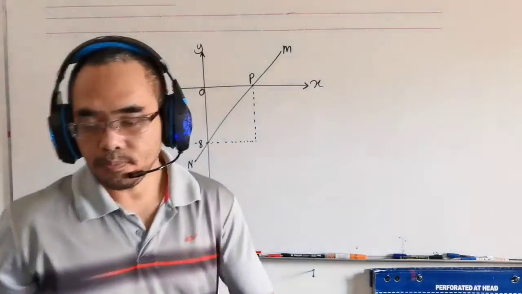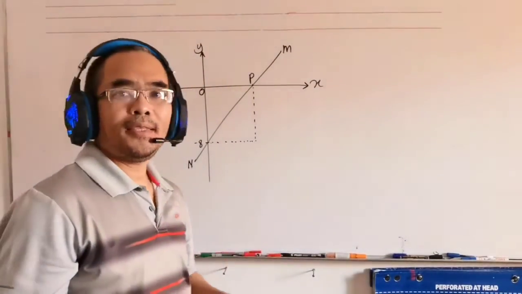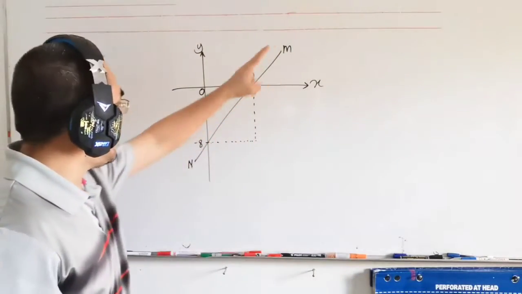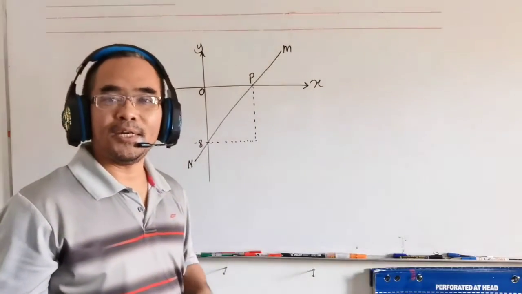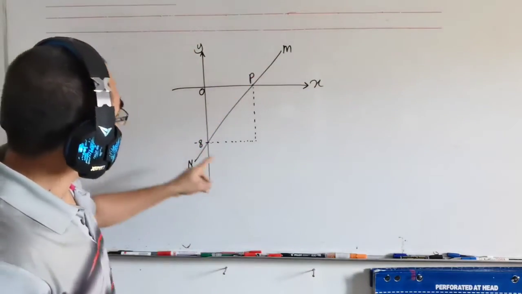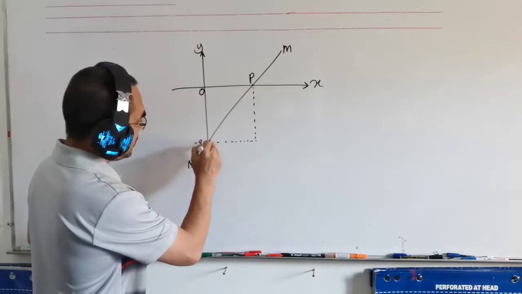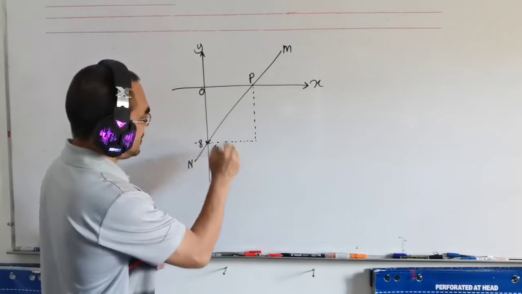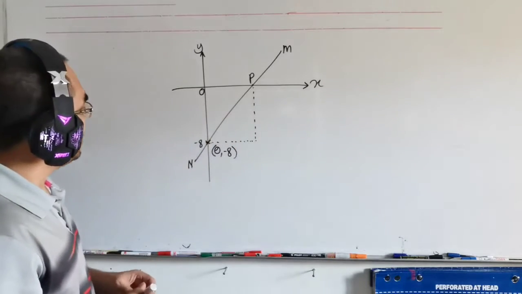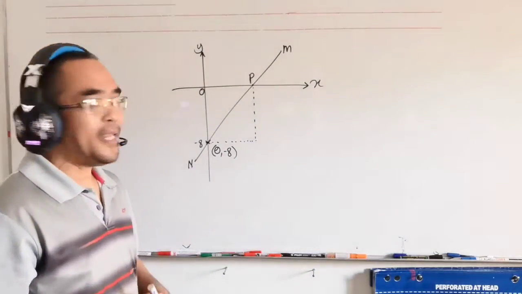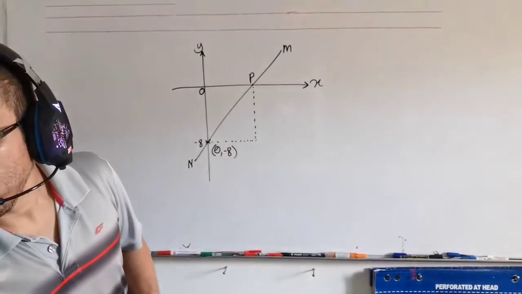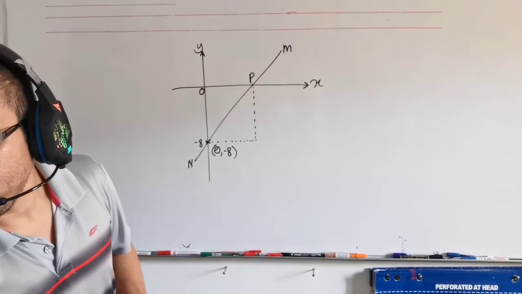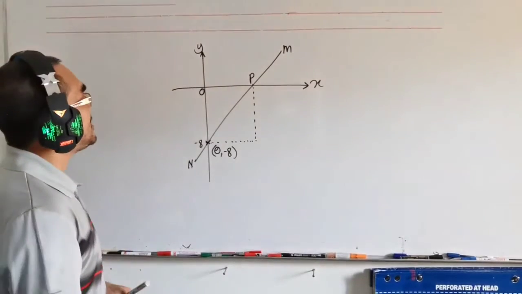Okay, do we know anything, or do we need to know two coordinates on the line in order to calculate the gradient? So far we already know this coordinate, which is (0, negative 8), and we have the info that the horizontal distance of P from the y-axis is 6 units.